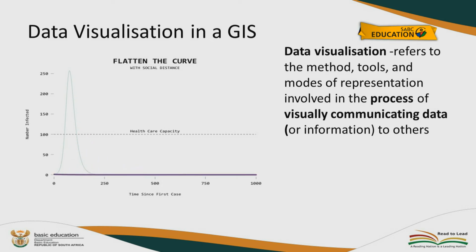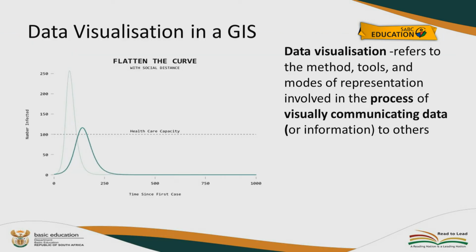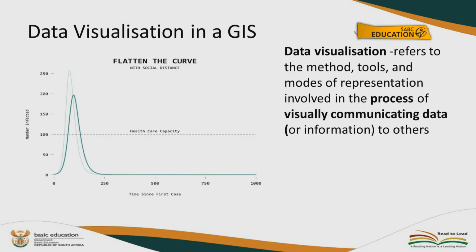Visualization, again, is a process, and in this process, you have the process of visually communicating information to ensure that the data is represented. Why? Because every day decisions need to be made. And this information must be communicated not only to the president and the ministers, but everybody in the country.